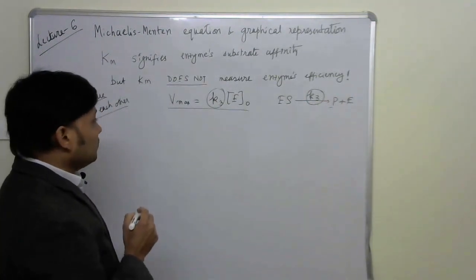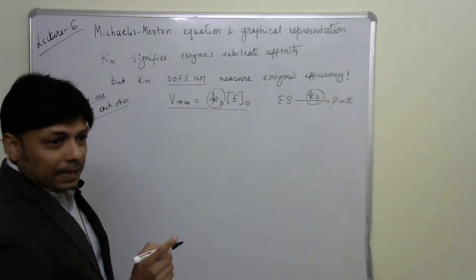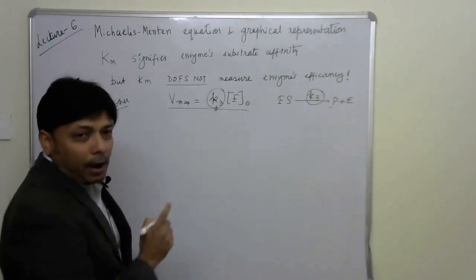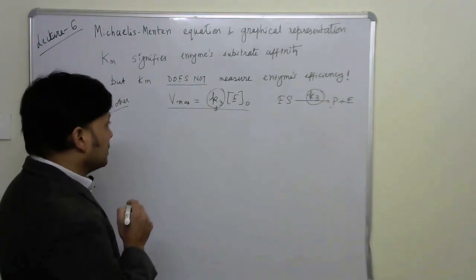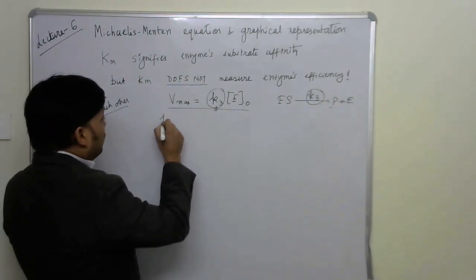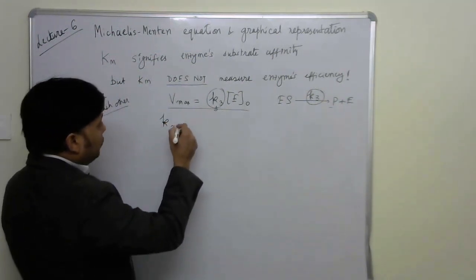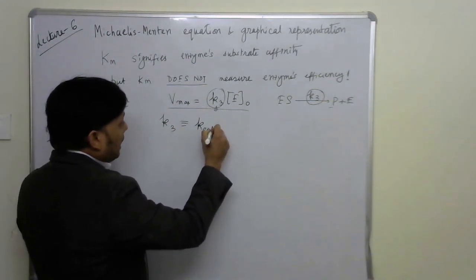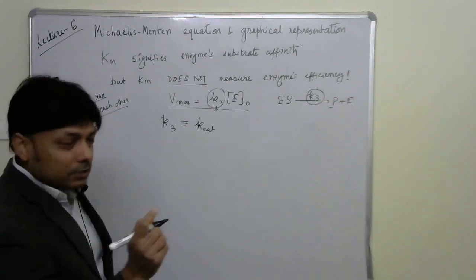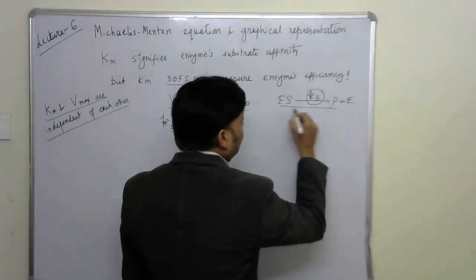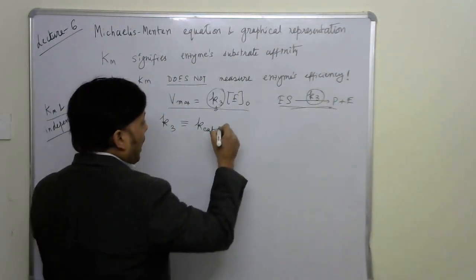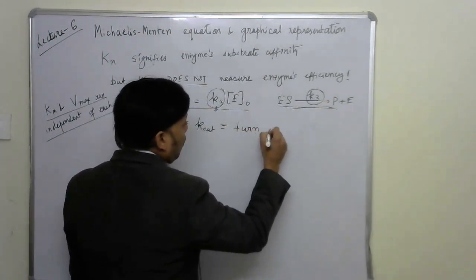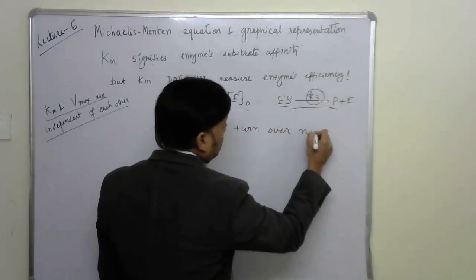So we can say that this K3 is a very important parameter for enzyme catalysis. And this K3 has another name. K3 is also known as Kcat because that is the catalytic rate constant, since we see the final conversion here. And this is also known as the turnover number.